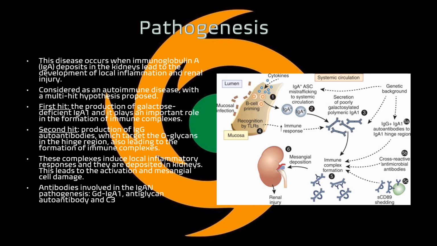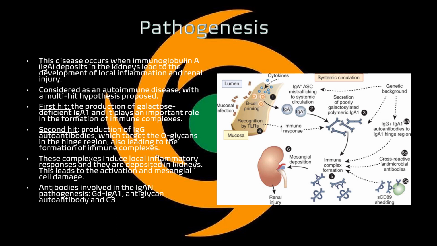In relation to the pathogenesis, this disease occurs with immunoglobulin A, or IgA, where IgA deposits in or around the kidneys lead to the development of local inflammation and renal injury, and it is considered an autoimmune disease.